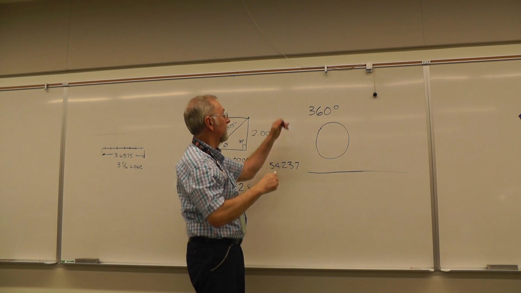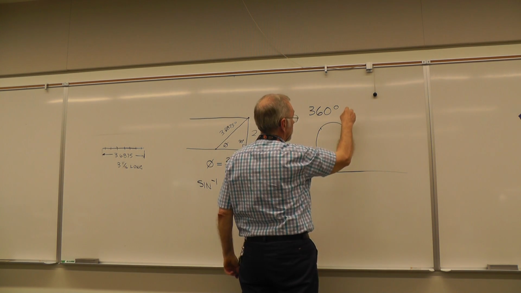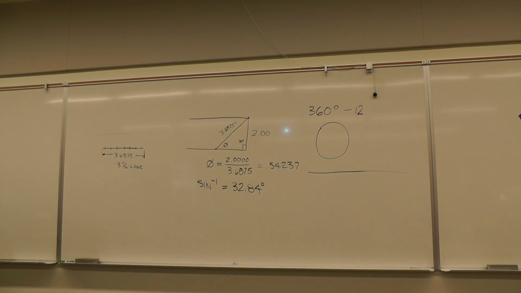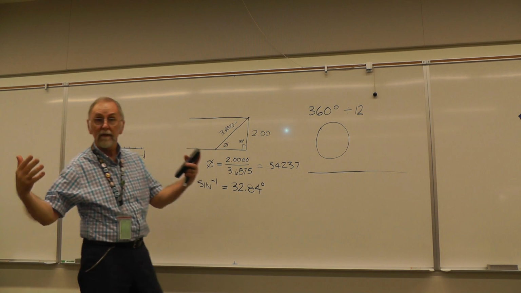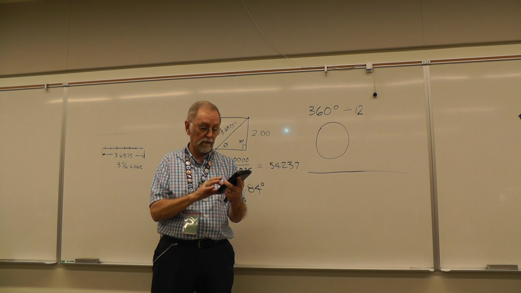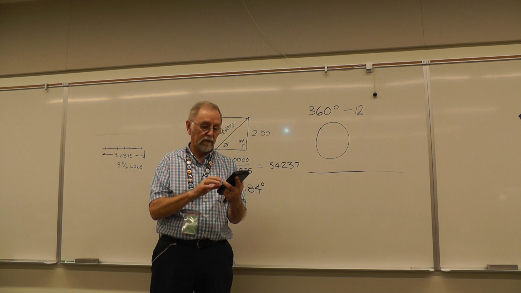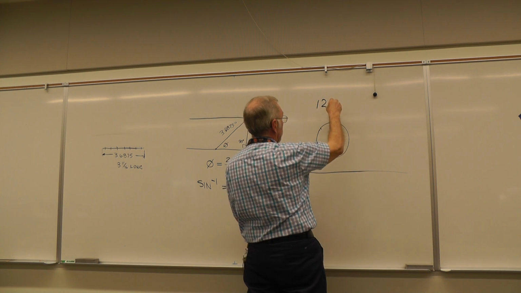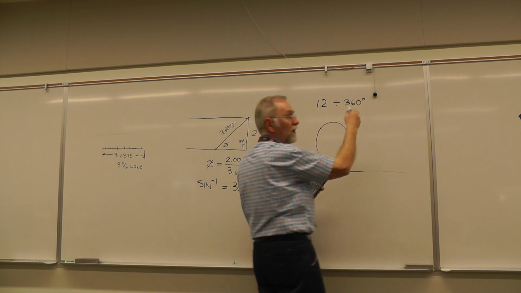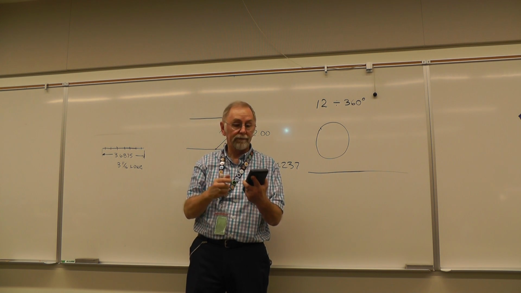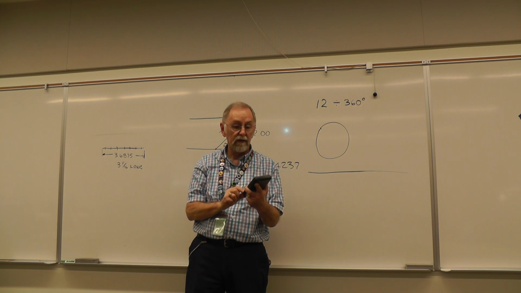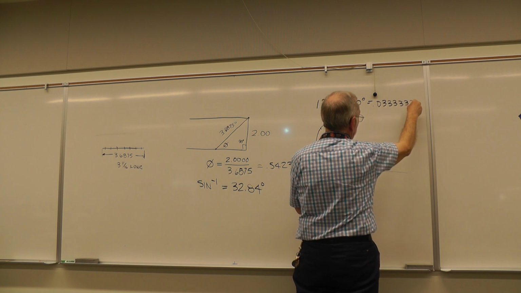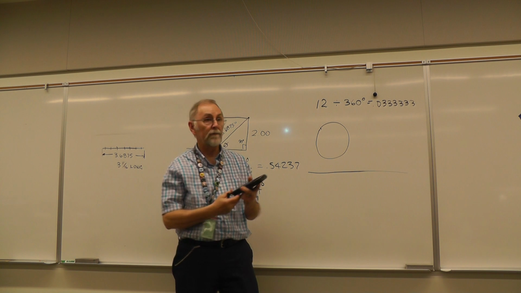I'm going to take the circumference, the length, and divide it by 360 degrees to figure out how many inches 1 degree is going to equal. Sorry, I messed up, I had it the other way around. 12 divided by 360 equals 0.0333333, depending on how many digits your calculator shows you.